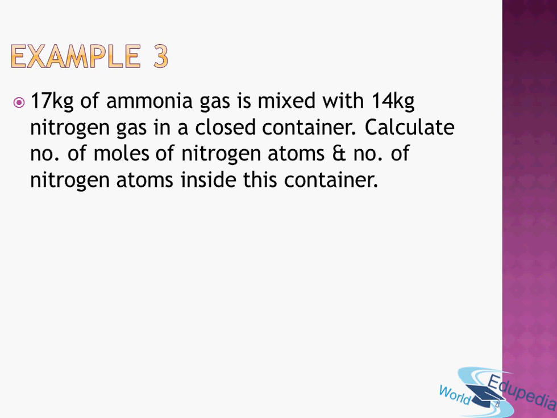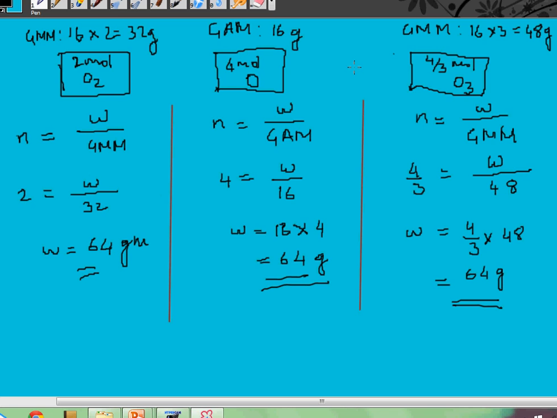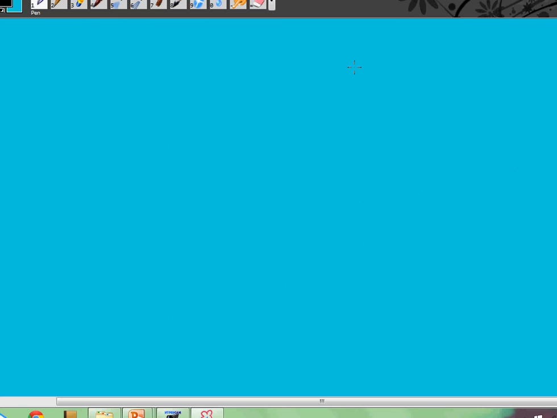So in this question you have 17 kilogram of ammonia gas which is mixed with 14 kilogram of nitrogen gas, and now you have to calculate whatever you have to calculate in the question. Okay, first let's analyze what you have in the container.